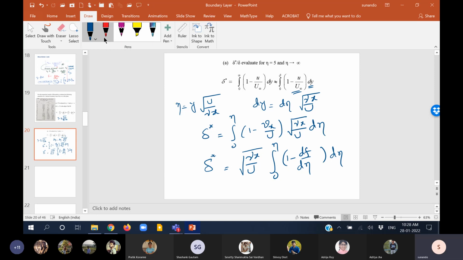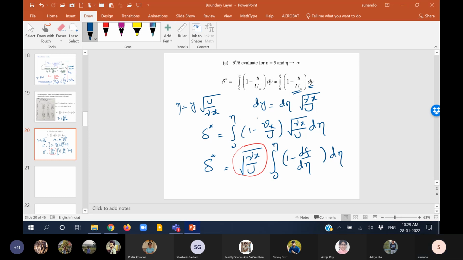The thing that is still remaining is this. If you look at the question here, you're going to find delta star by delta for some value of eta. So I am pretty much confident that I will be able to handle the integrand, but I am missing delta over here.